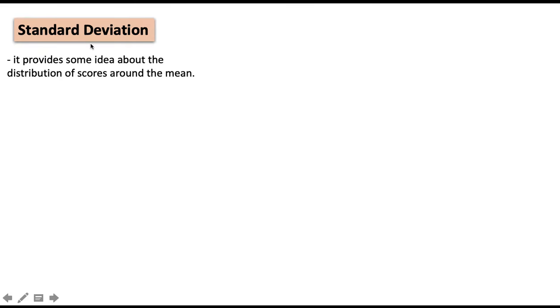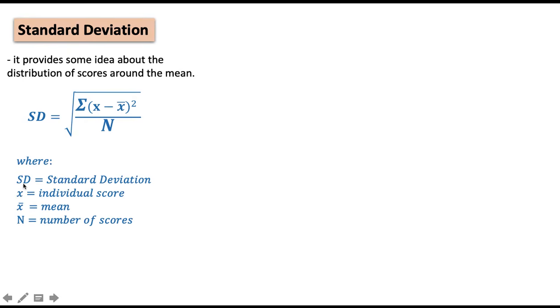Last, the standard deviation. It provides some idea about the distribution of scores around the mean. This is the formula used. SD is equal to the square root of the summation of quantity x minus the mean, squared, all over N, wherein SD represents the standard deviation, x is the individual score, x bar is the mean, and capital N is the number of scores.